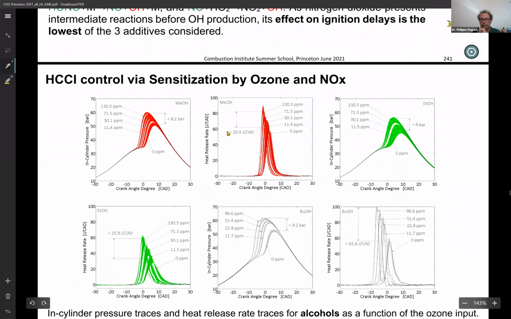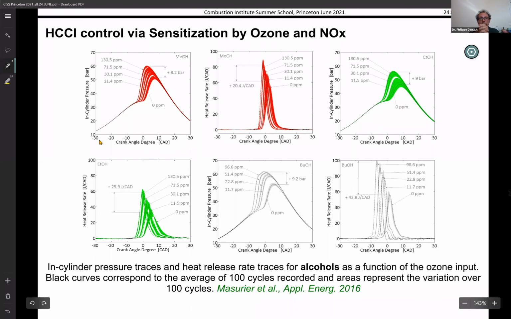We looked at the effect of ozone and NOx on the ignition of a variety of fuels. On methanol, we can see the effect here.